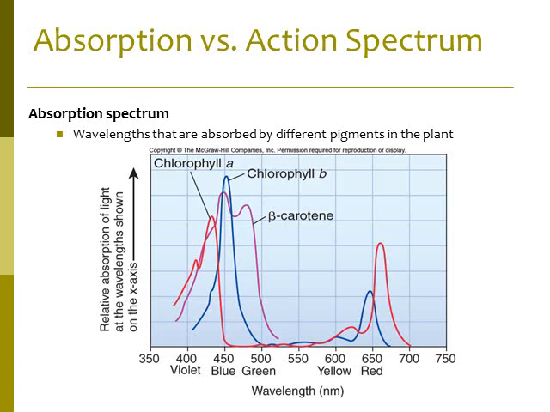We have violet, which is around 400 nanometer wavelength, all the way over to the red, which is about 650 or 700 nanometers. On the y-axis, we have the relative absorption of light, which shows how much of the light is being absorbed at that wavelength.